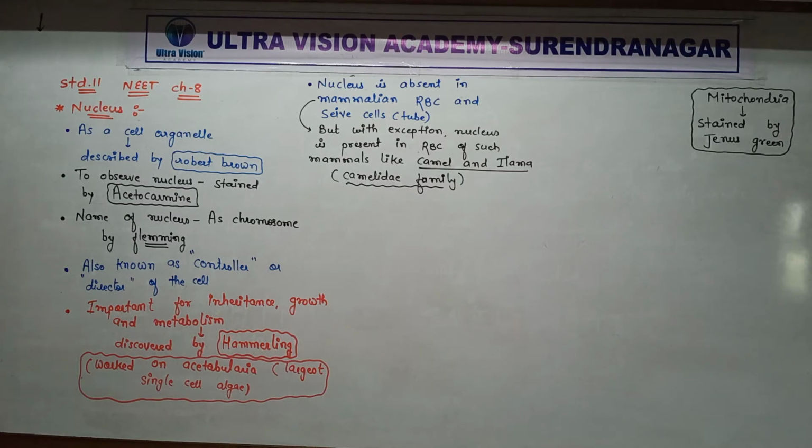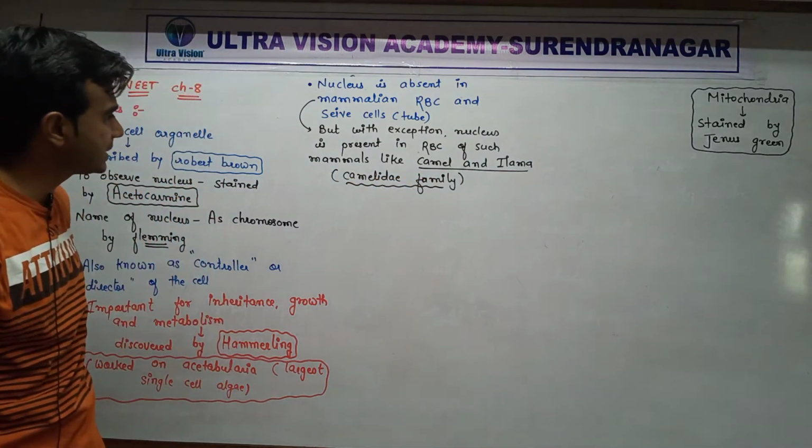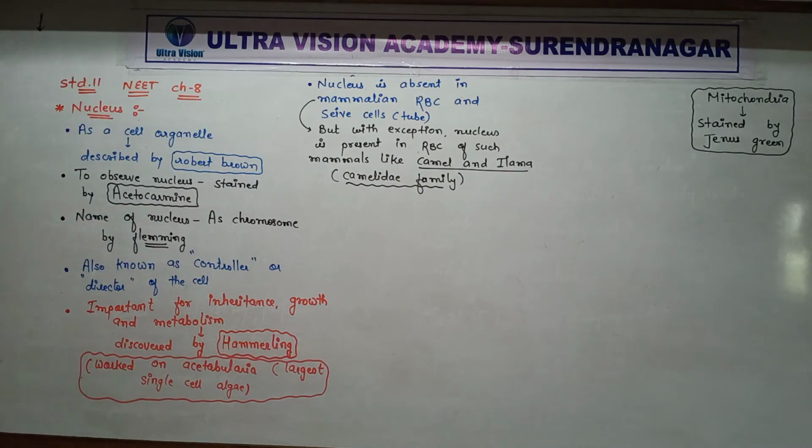Actually, the first L is silent. Llama and camel both belong to one family, Camelidae. So in this Camelidae family, both animals, camel and llama, have a nucleus present in the RBC.